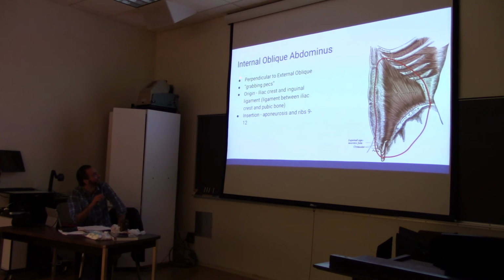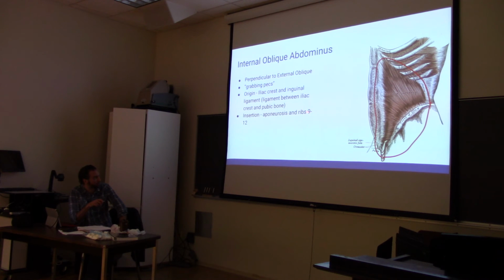Good. Internal oblique. These are inside of the one we just talked about. They're perpendicular to the external oblique, like grabbing your pecs like this, so they run that way. The origin is the iliac crest and the inguinal ligament between the iliac crest and the pubic bone.